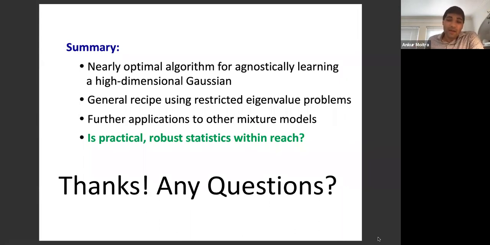But one of the actual empirical mysteries is that it's really hard to cook up examples where the adversary adds a bunch of corruptions and they force you to explore a lot of different directions. So it's actually very hard to get the algorithm to have to do more than a constant number of phases, even though in principle, the analysis only says that you're making progress and you might need up to D phases to really complete.